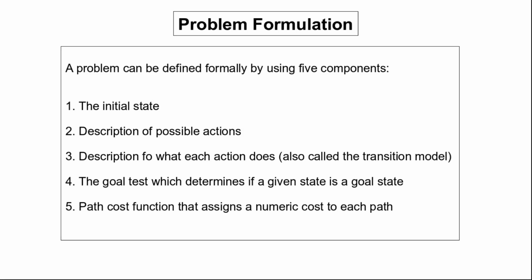The 5 components are the initial state, the description of possible actions that can be performed at a particular state, then description of what each action does, which is also called the transition model, and the goal test, which determines if a given state is a goal state, and a path cost function that assigns a numeric cost to each path. We will try to understand all these 5 components using an example.